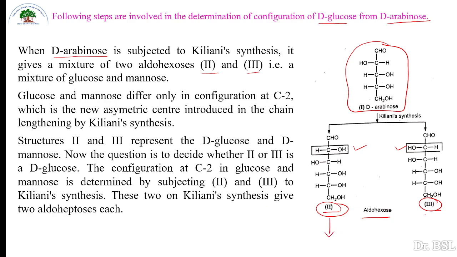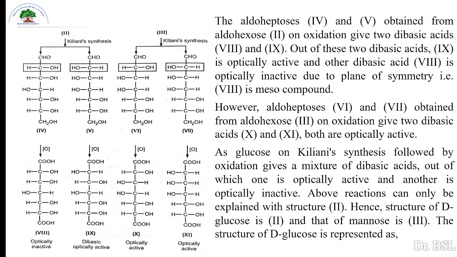Further, when we do Kiliani synthesis with second and third, we get aldoheptoses. Second on Kiliani synthesis gives two aldoheptoses, fourth and fifth, and when third is subjected to further Kiliani synthesis, that means increasing one more carbon, we get sixth and seventh structures. Why do we get a pair of isomers?